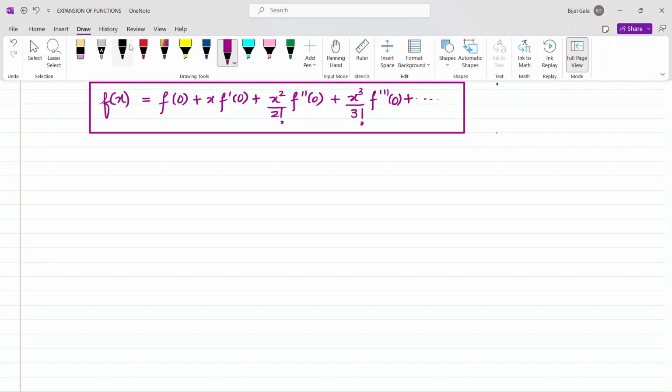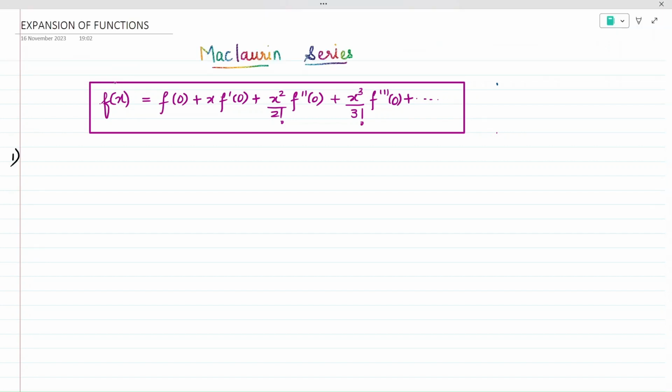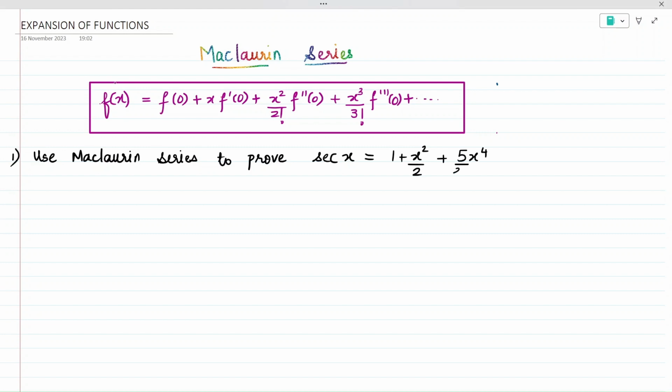Over here, the first question says using Maclaurin series, prove sec of x is equal to 1 plus x squared by 2 plus 5 times x raised to 4 by 24, and so on. Okay, so this is what we are expected to prove using Maclaurin series. Let's see how we manage to prove it.